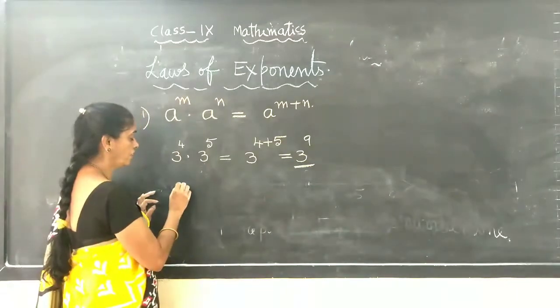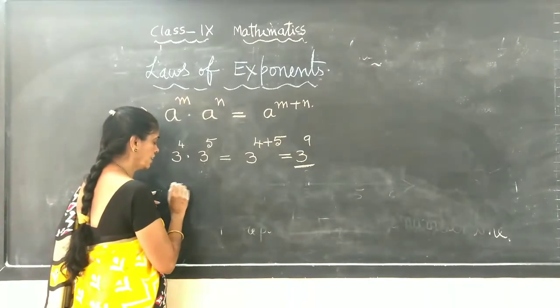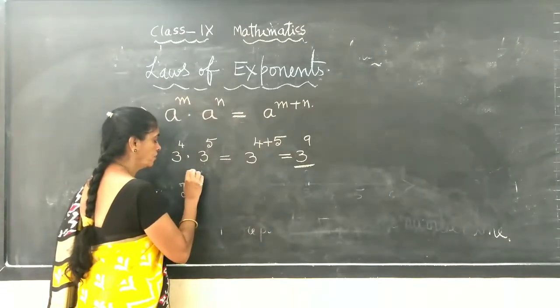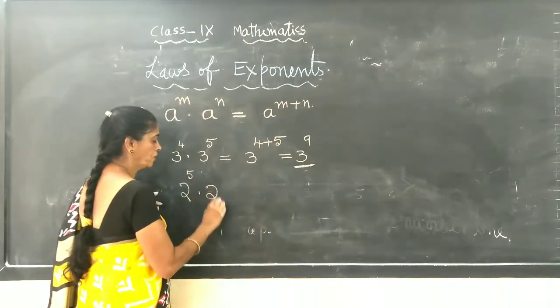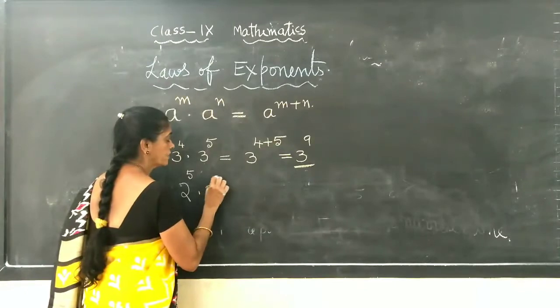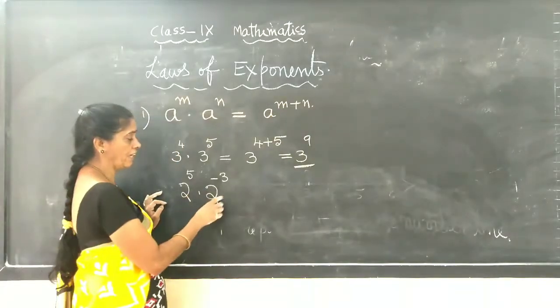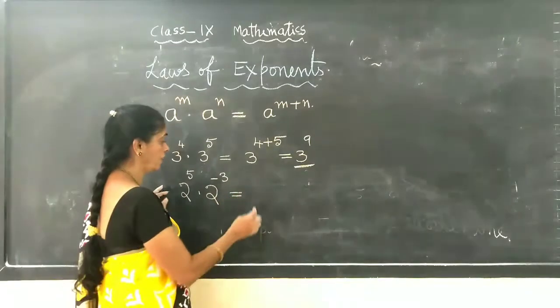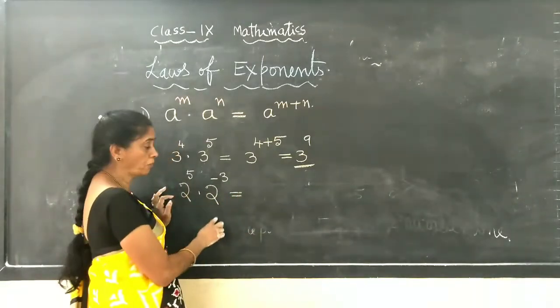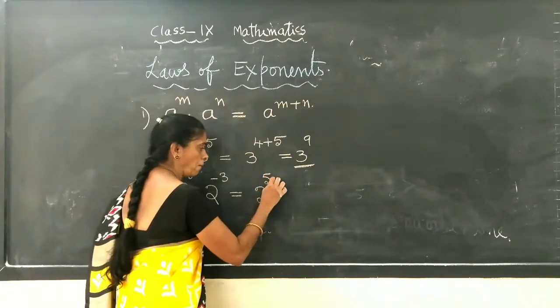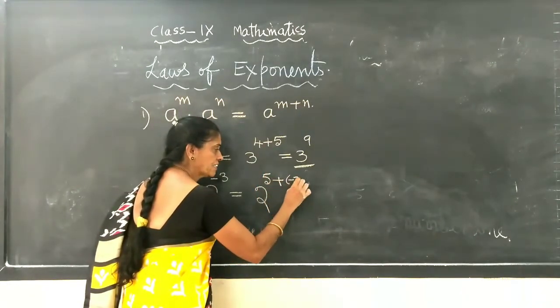Or say it is 2 to the power of 5 into 2 to the power of minus 3. Then also we can apply the rule. It is 2 to the power of 5 plus minus 3.